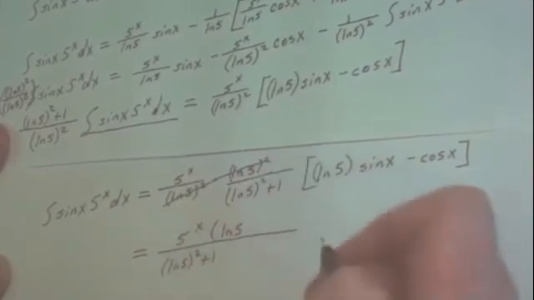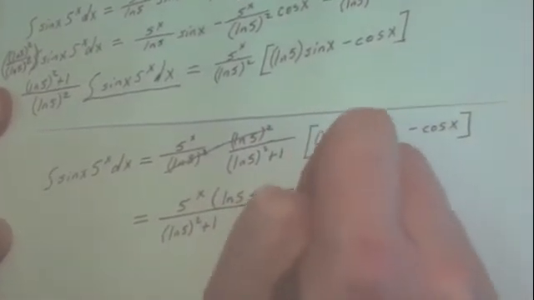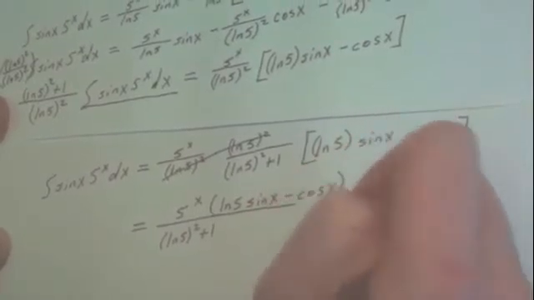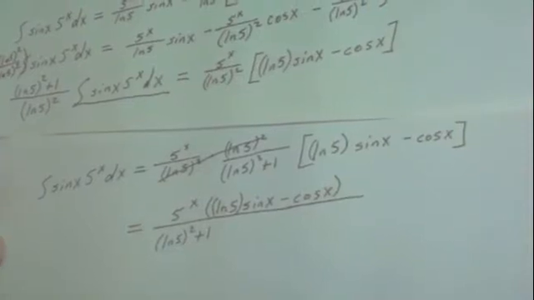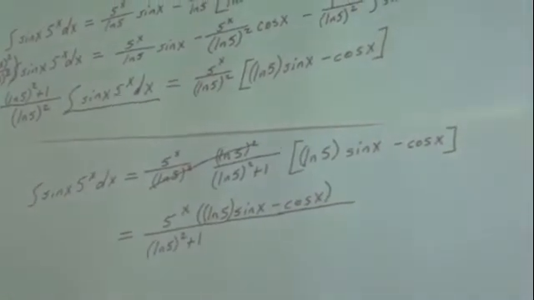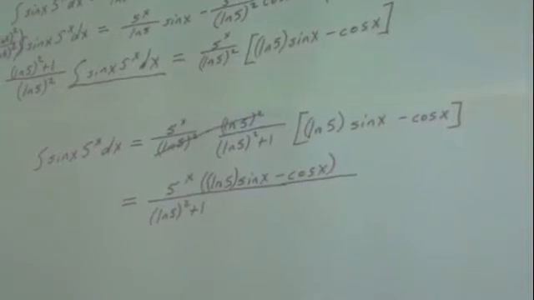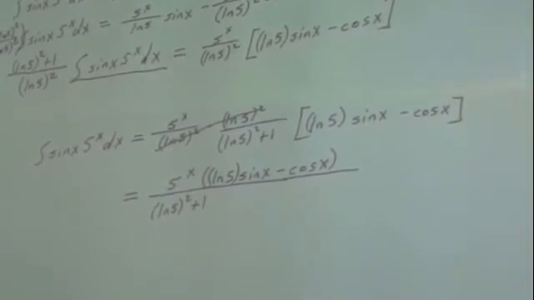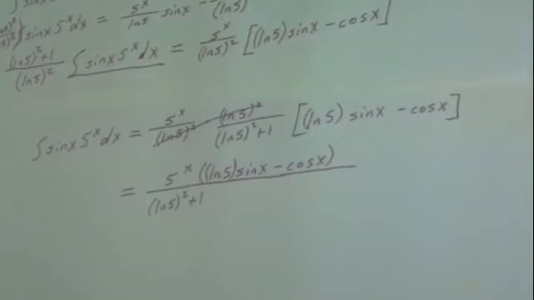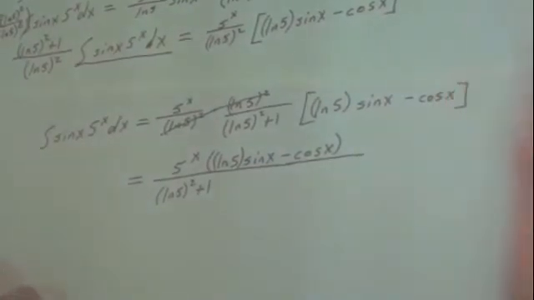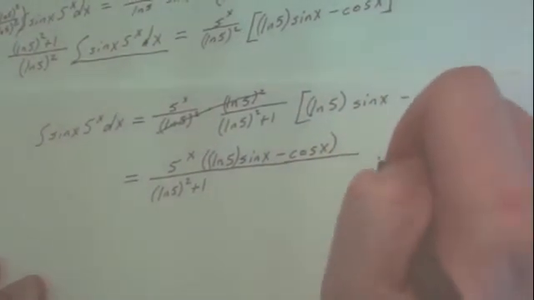Natural log of 5 sine x minus cosine x. And I'm going to put that natural log of 5 in a parenthesis. Otherwise, it looks like the natural log of 5 sine x. Indefinite integral, put your plus c.